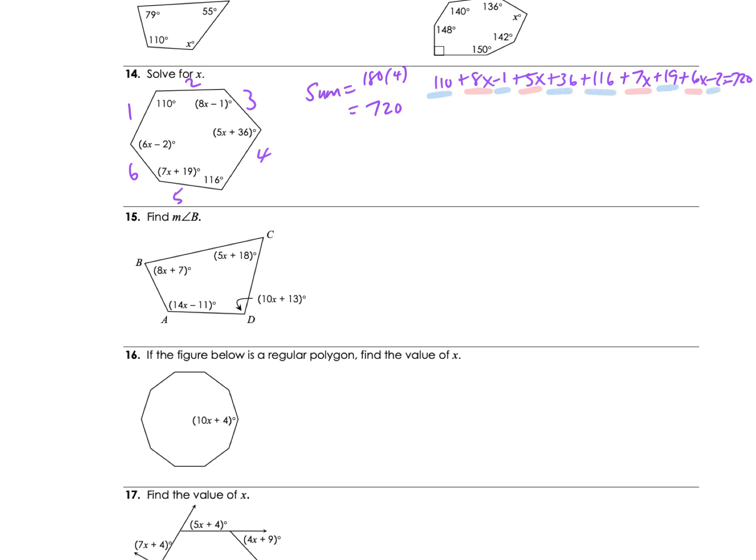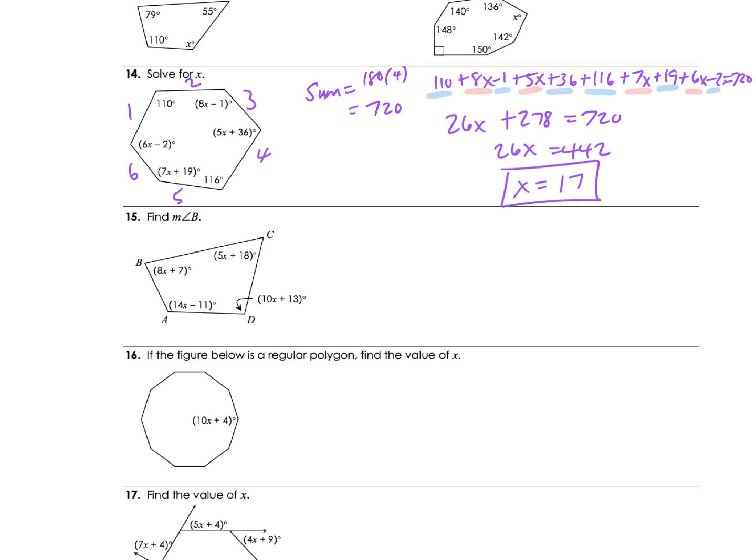So you should get 26x plus 278 equals 720. And then solve for x. So 26x equals 442. x equals 17.